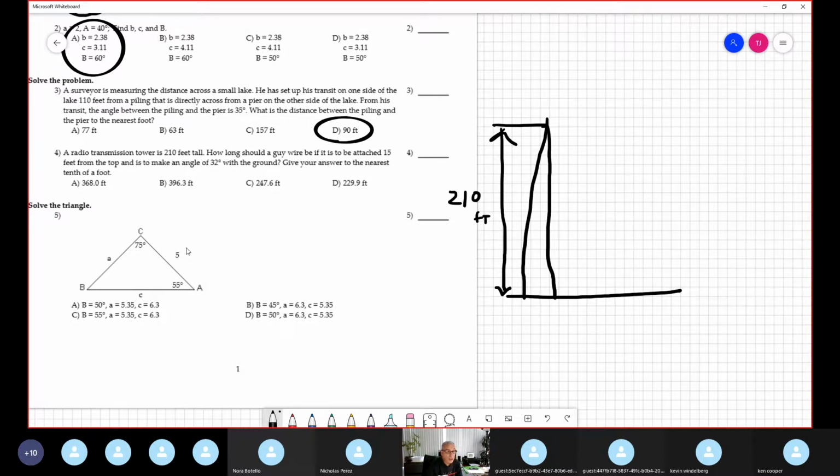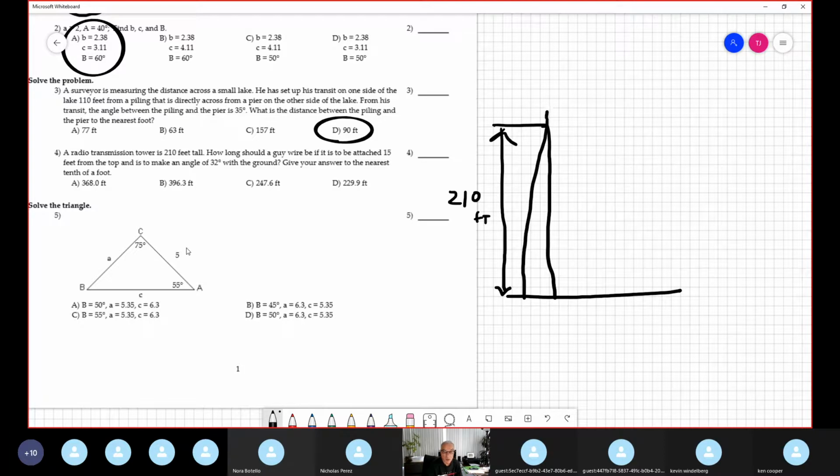Okay. Now, how long should a guide wire be if it's attached 15 feet from the top and makes a 32-degree angle? But it says 15 of the top. Okay, so it's plus, no? 15, let me see. 15 feet from the top.